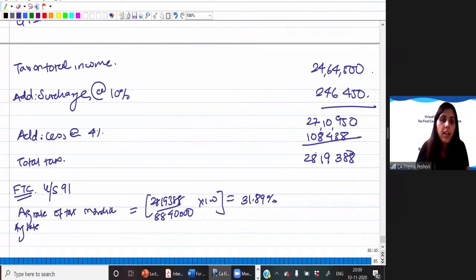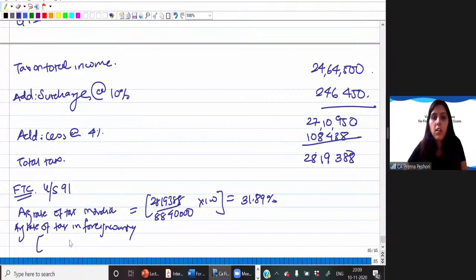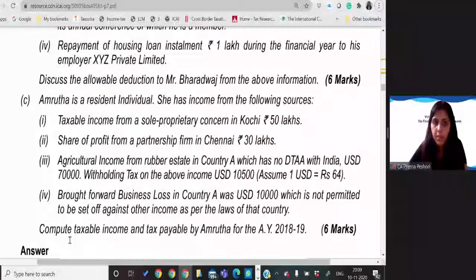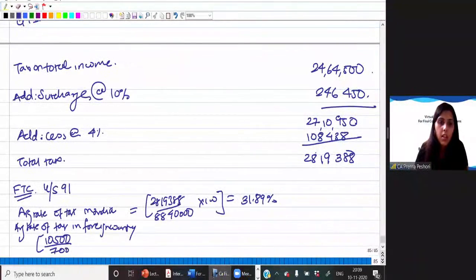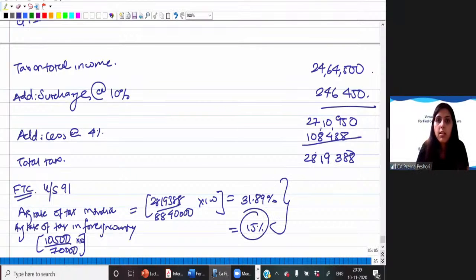Average rate of tax in foreign country, country A. 10,500 they have given is the tax on agricultural income divided by 70,000 into 100, right? 15%. Lower of this is 15%, right?